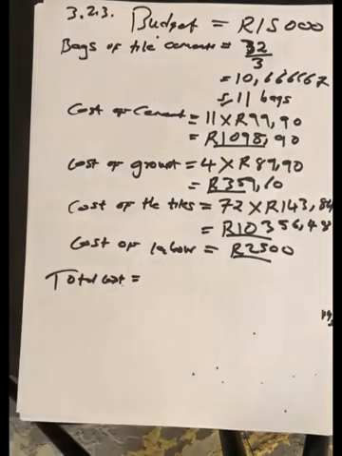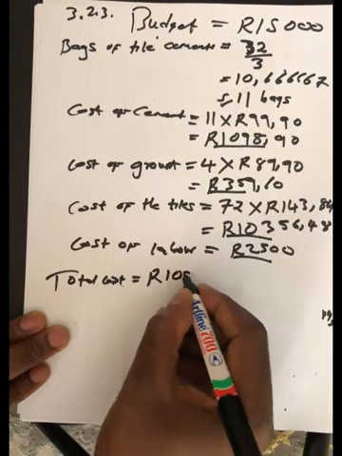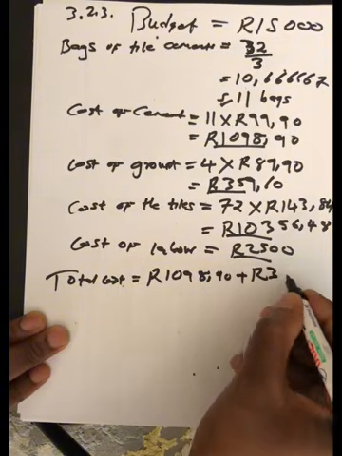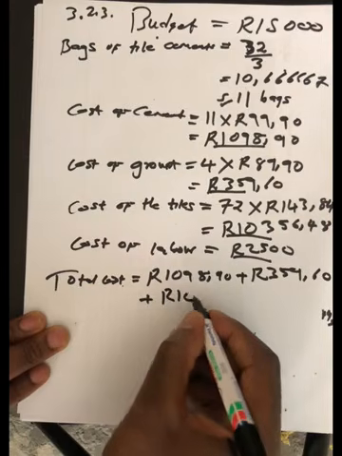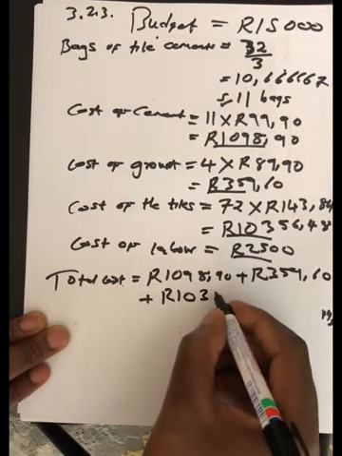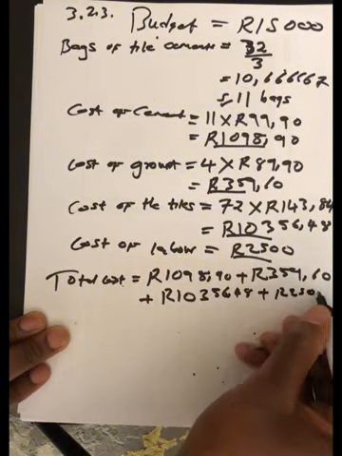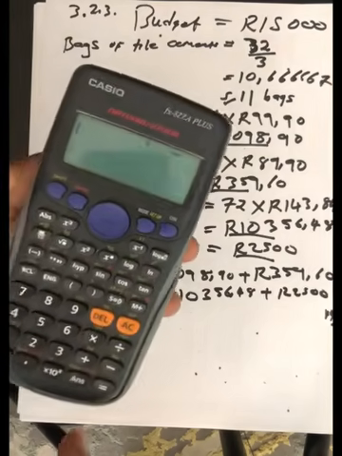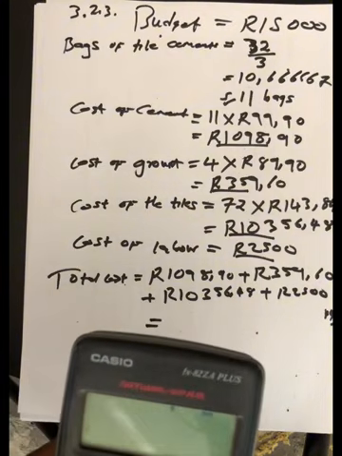For you to calculate the total cost, you just have to add everything together. Let's add everything together.